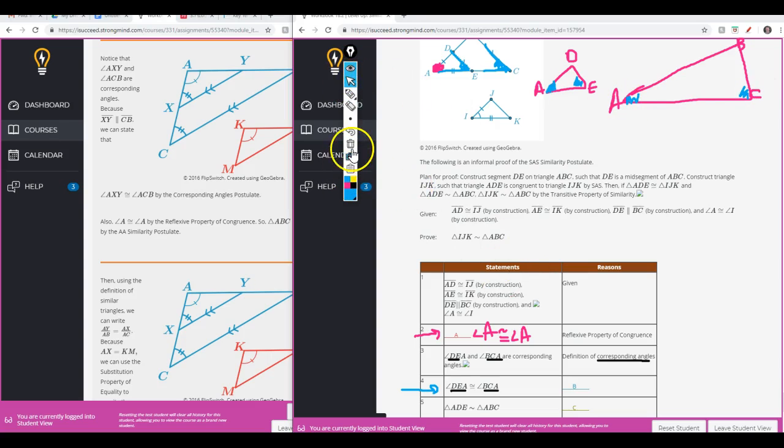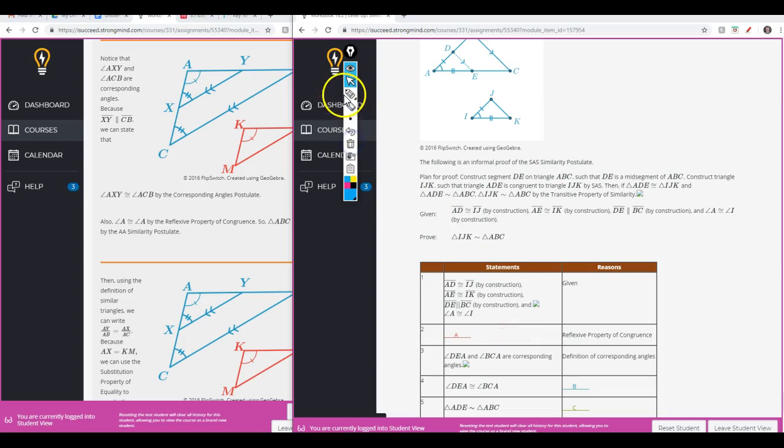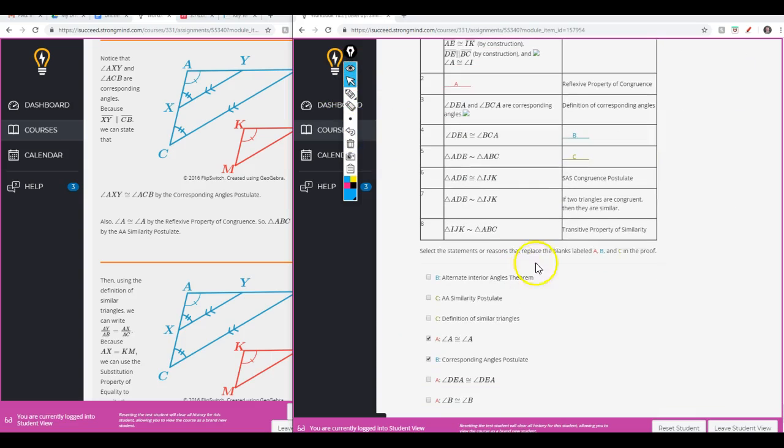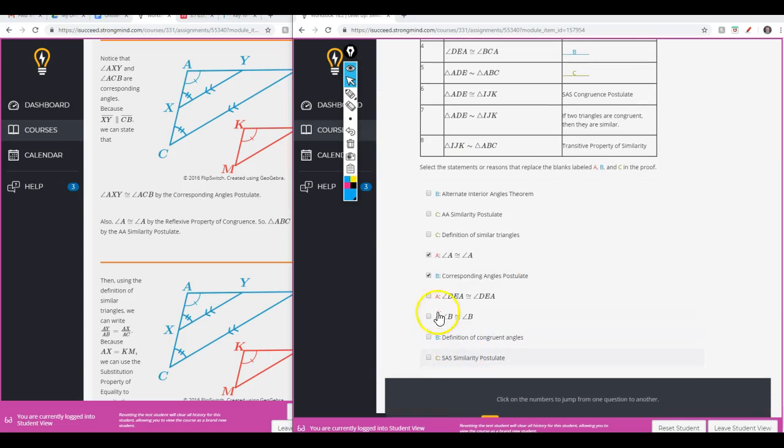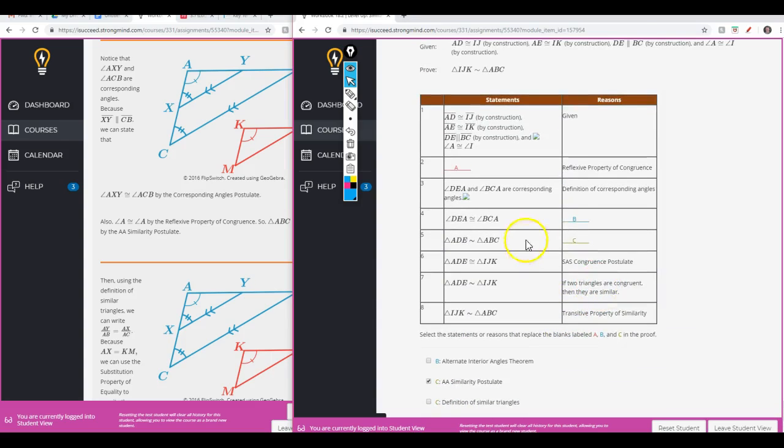So it is the angle-angle similarity postulate. So C is the angle-angle similarity postulate. Now there's not another one.